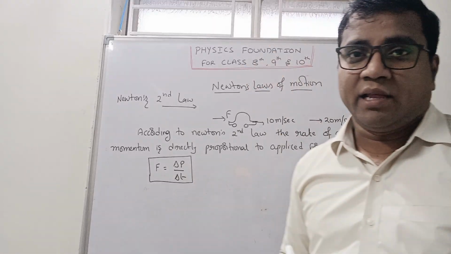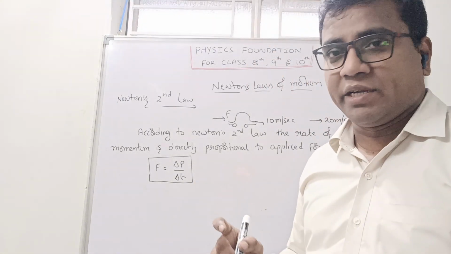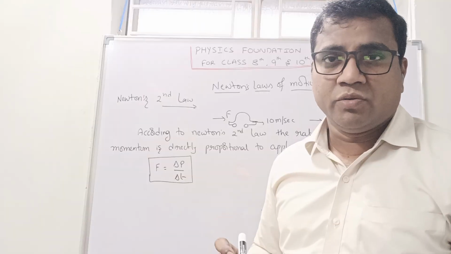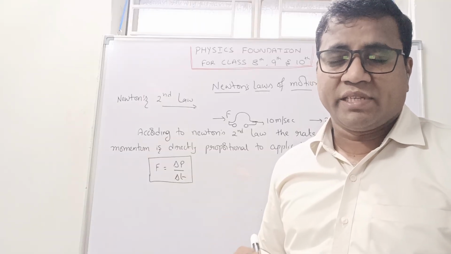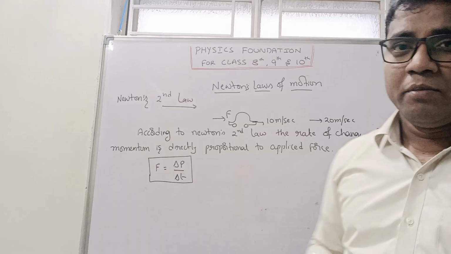According to Newton's second law, the rate of change of momentum is directly proportional to the applied force. F is equal to delta P by delta T.